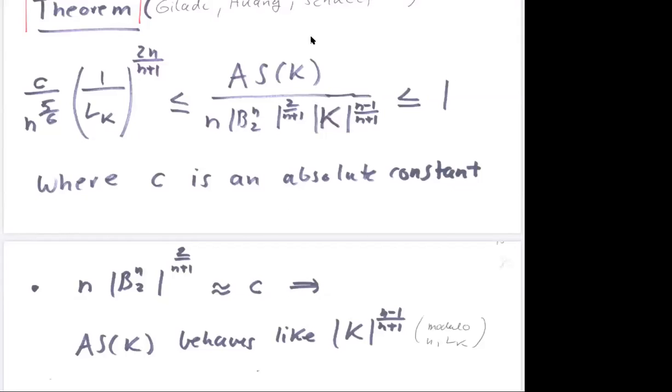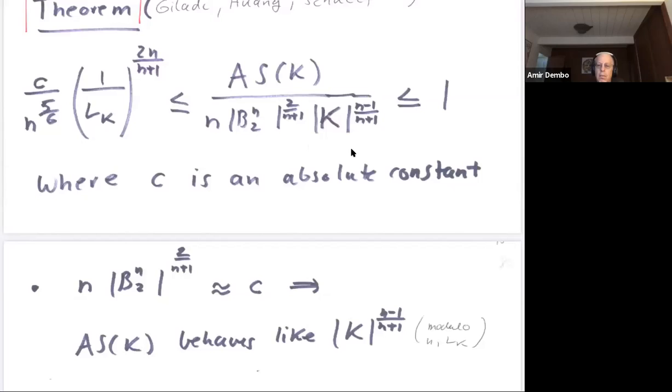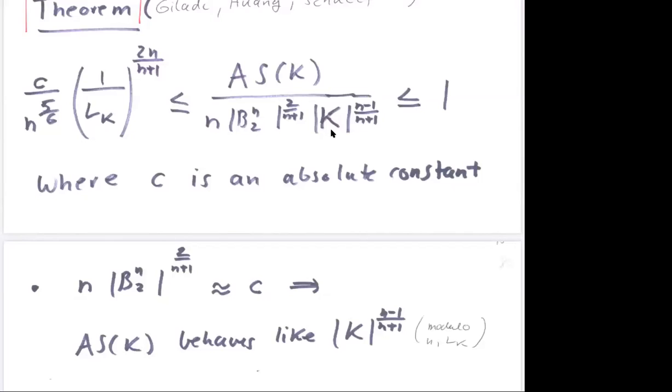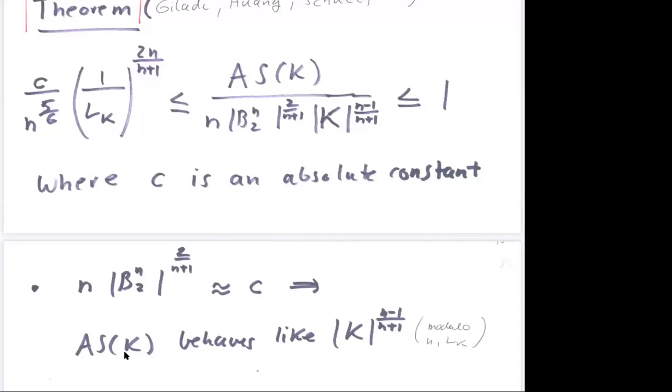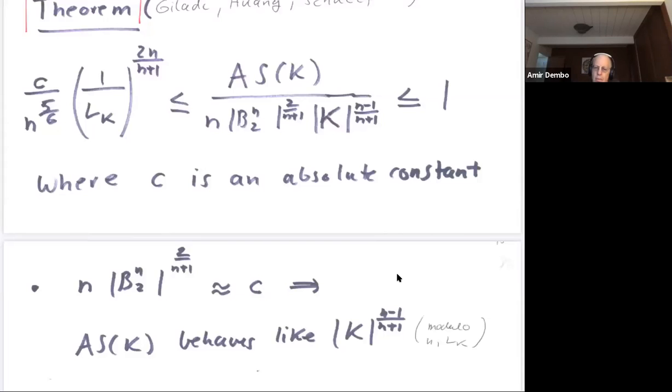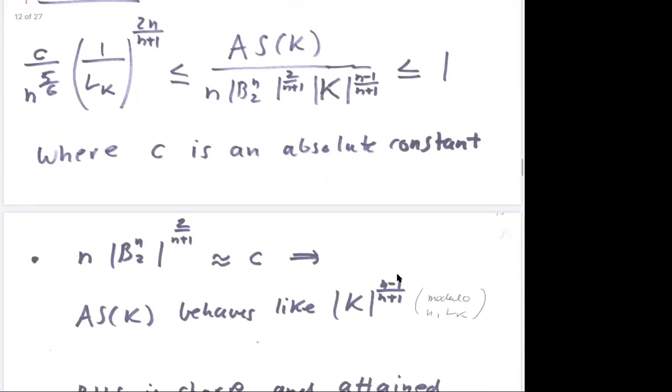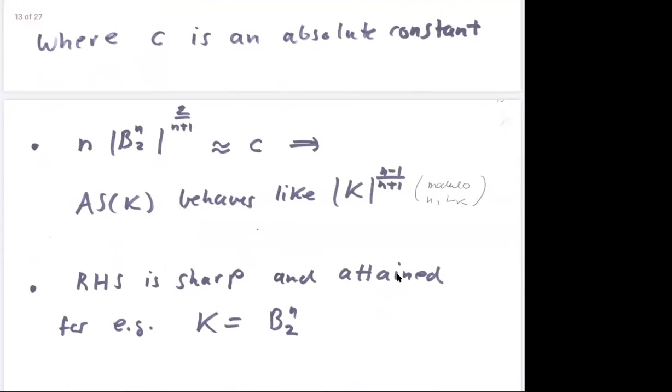So basically this maximal affine surface area behaves like a power of volume, namely volume to the n minus 1 over n plus 1, modulo this lower bound where we still have the isotropic constant and this factor n to the 5 over 6. That's what we want to get out of this estimate, to understand the order of magnitude. And now let's look at how we can prove this inequality.